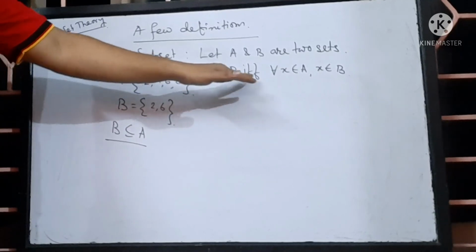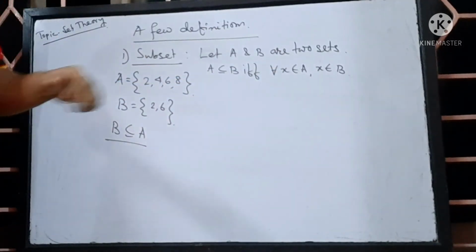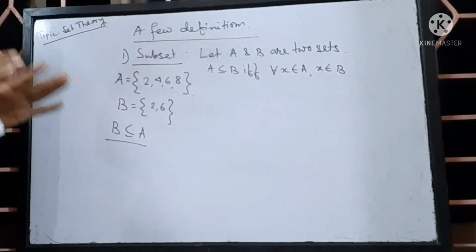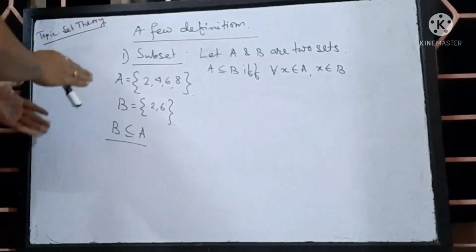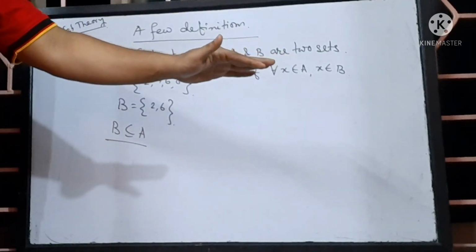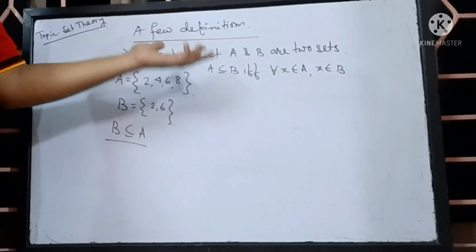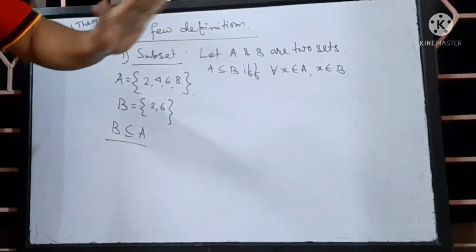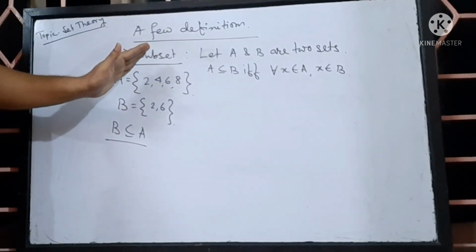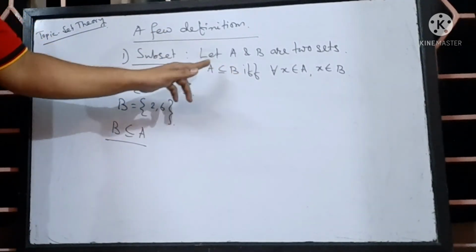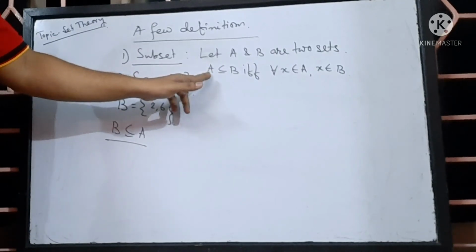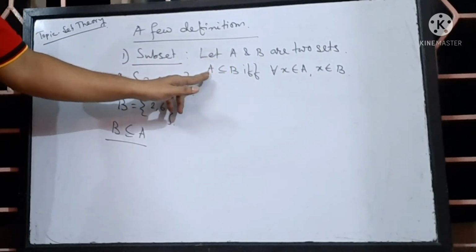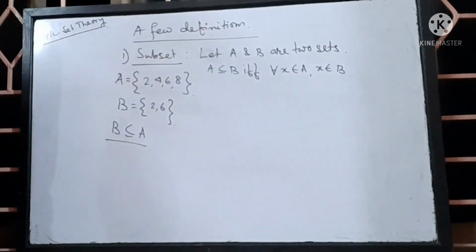A is a subset of B if and only if for all x belongs to A, x belongs to B. For all x belongs to A, those x must belong to B. It doesn't matter whether the elements belonging to B are also in A. We don't need that for subset. When A is a subset of B, then all elements in A must be in B. That is, A is a subset of B.